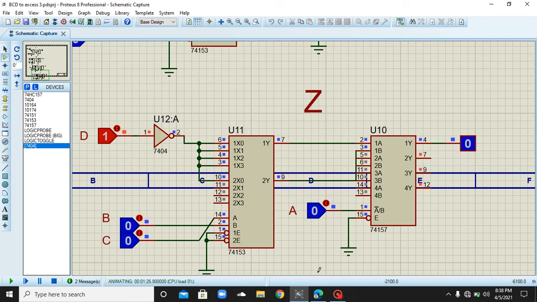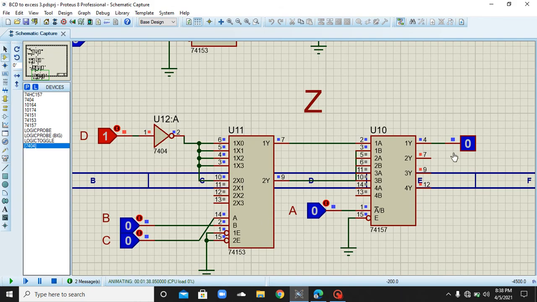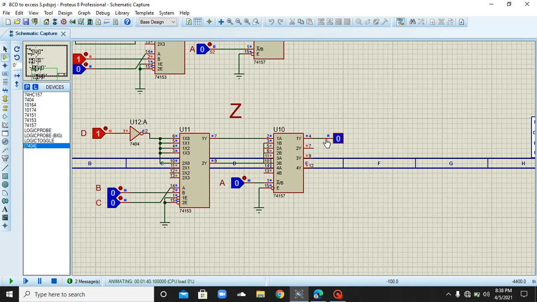This Z basically represents how the truth table verifies. You can see that for all types of inputs I have the complement of D. If I implement 3 zeros at the input, the output will be the complement of D. You can verify that from here.